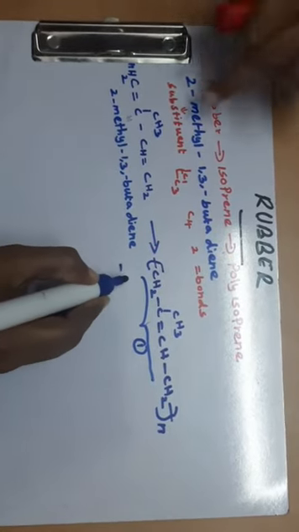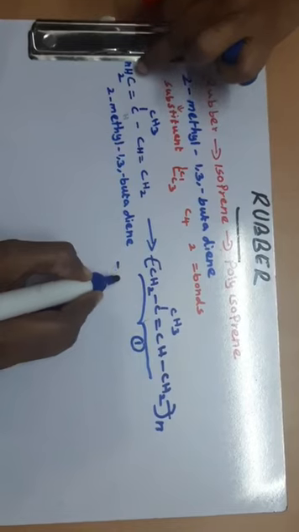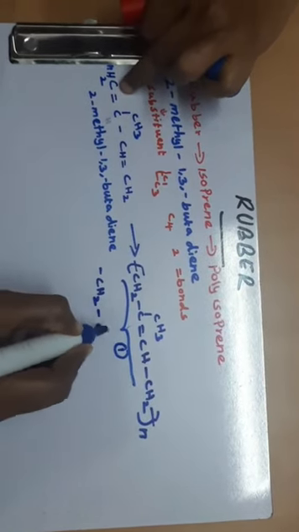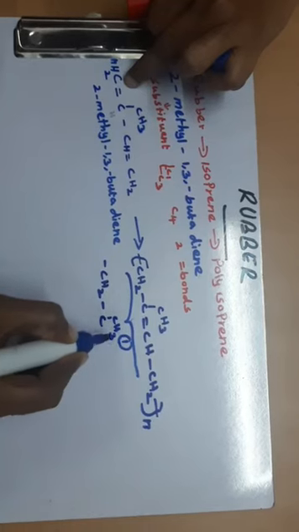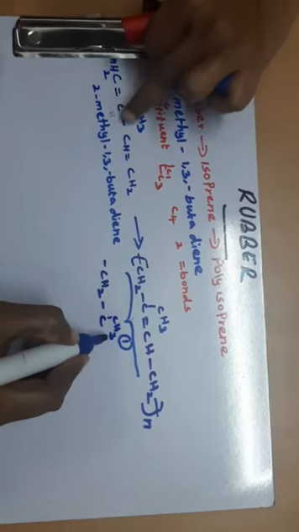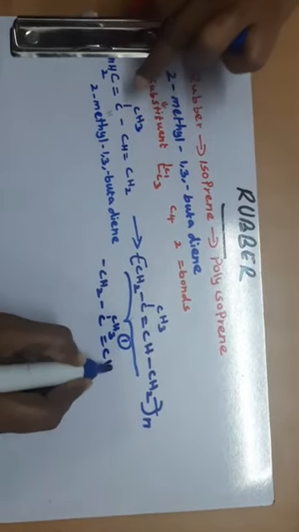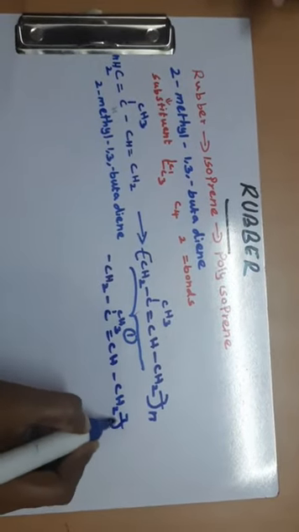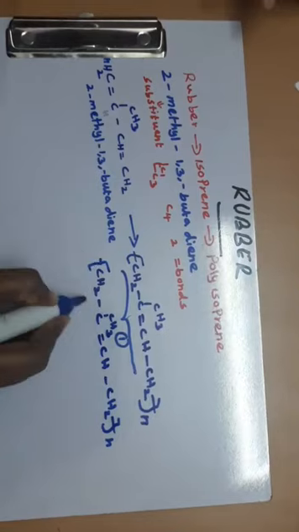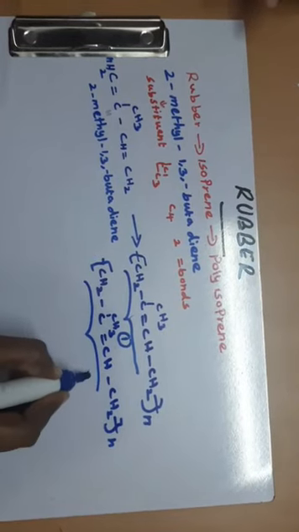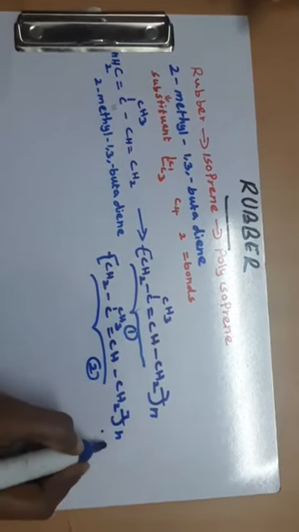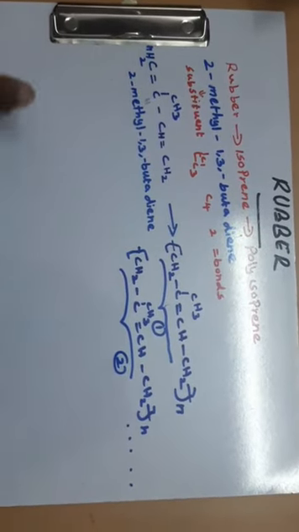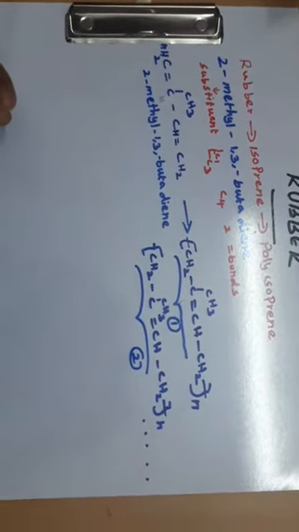So the another unit, the same CH2, C, CH3, here single bond is present, double bond, CH, CH2, entity n. Okay, so this is the second unit, and so on. Like that, by repeatedly adding the monomers, we can get a large number of polymers.